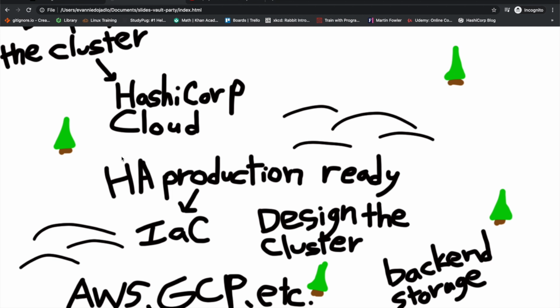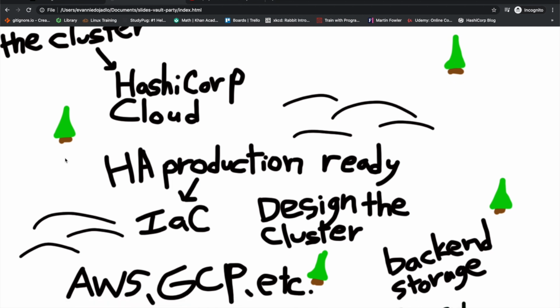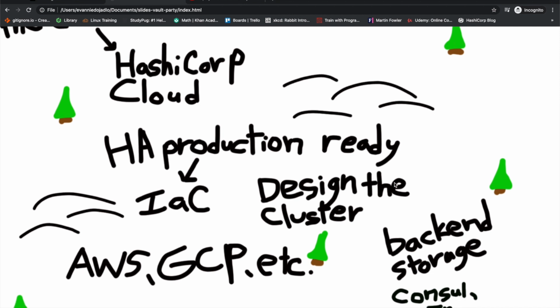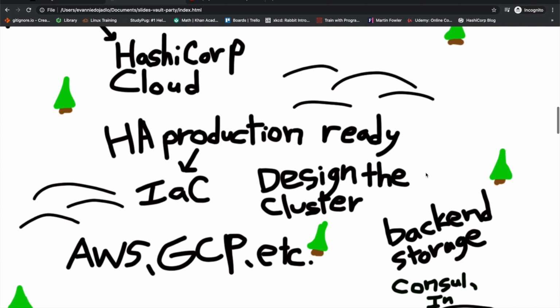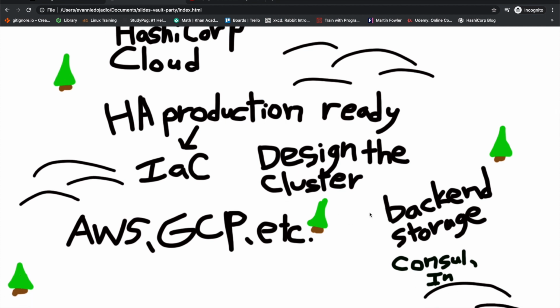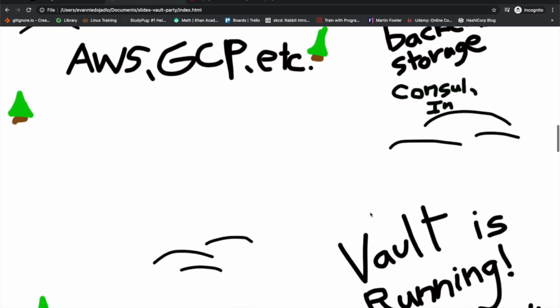In our case, we chose CloudFormation, and this can be deployed on various public clouds, AWS, GCP, etc. There's quite a bit that goes into this in itself. You have to design the cluster, and you have to identify backend storage, Consul or integrated storage. As you can see, there's a lot of options here just to begin with.